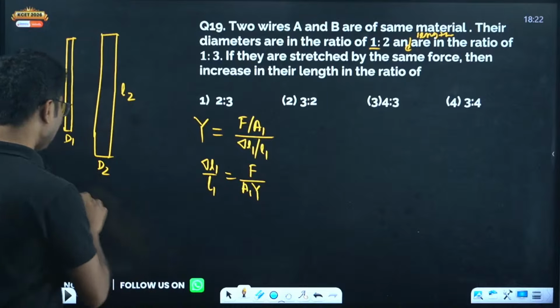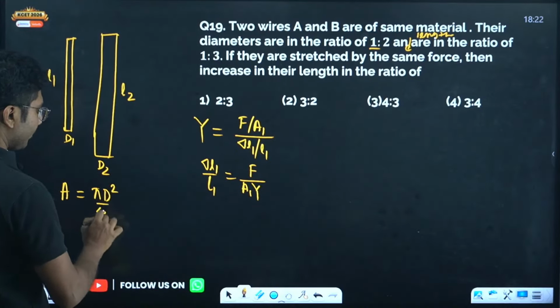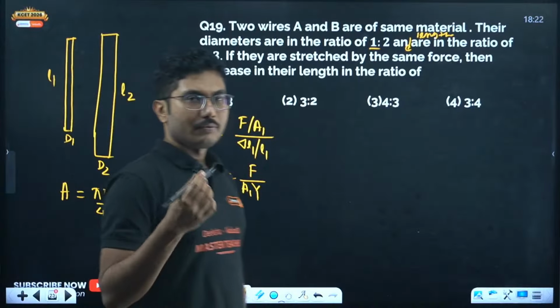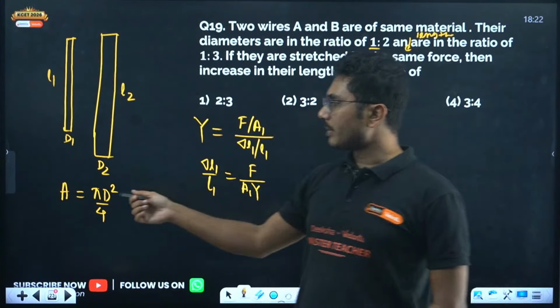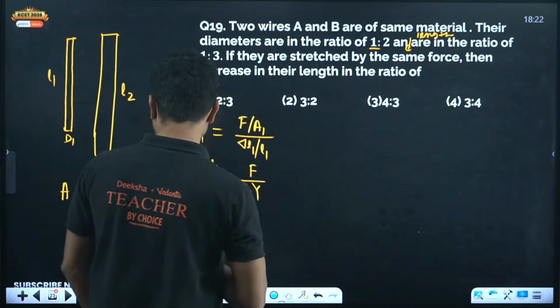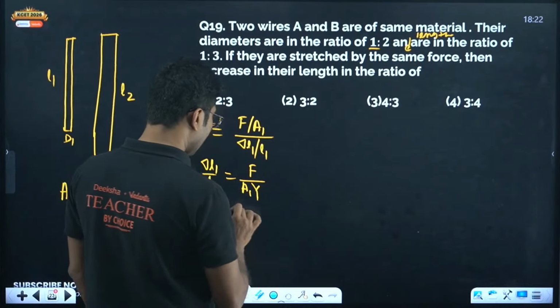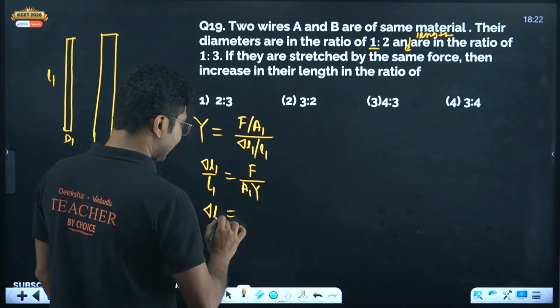What is area? Area is pi r square. For diameter it will be pi D square by 4. You have to be very comfortable with these things. If you are wondering why I have written pi D square by 4, you have to do a little bit of mathematics.